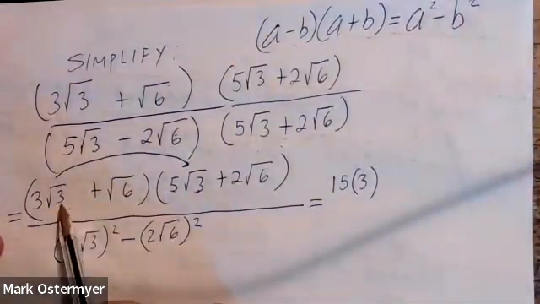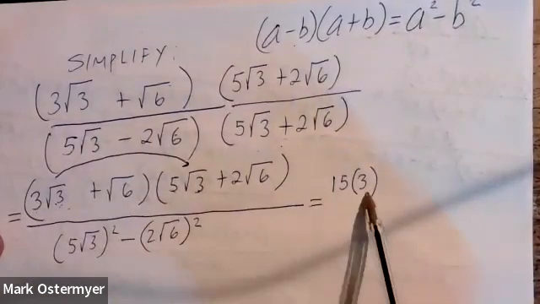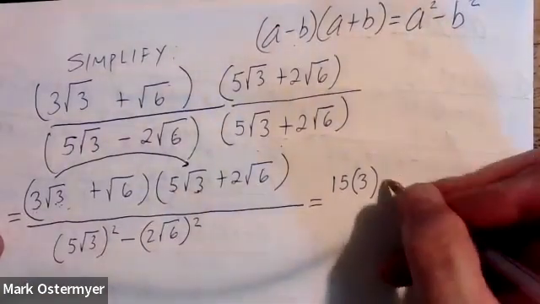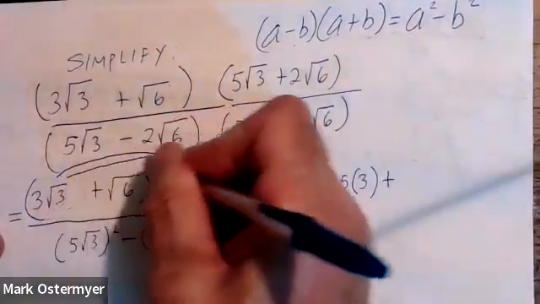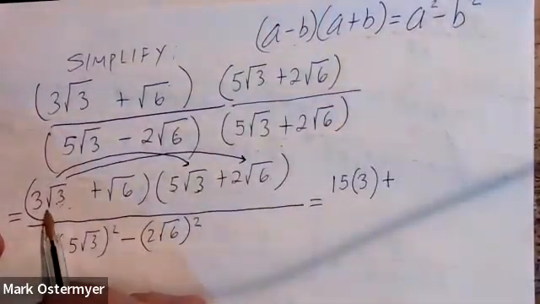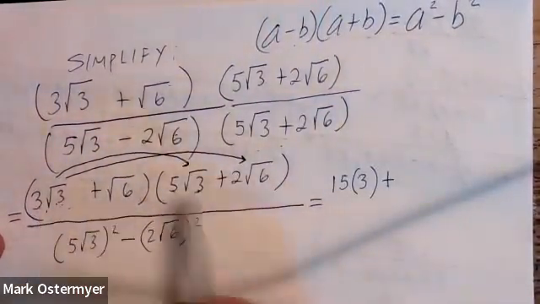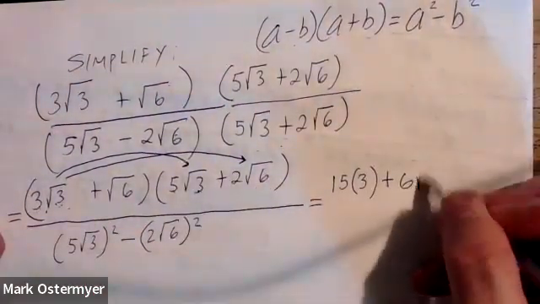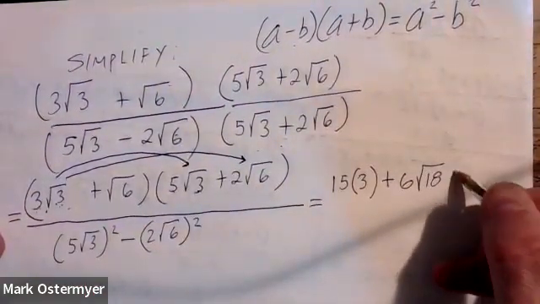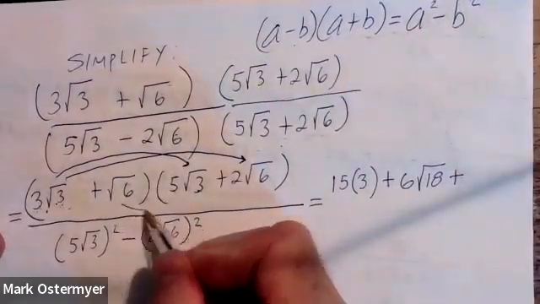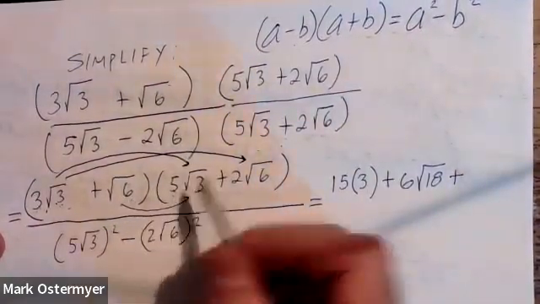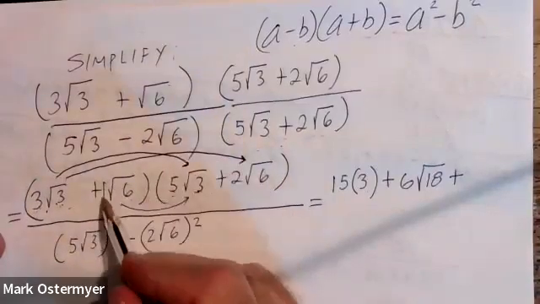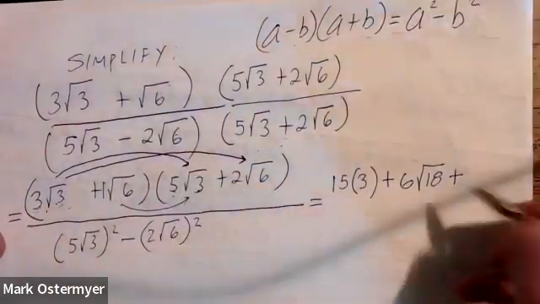So 3 square root of 3 times 5 square root of 3 is going to be 15 times 3. Plus, multiplying the outer terms together, 3 square root of 3 times 2 square root of 6, 3 times 2 is 6. And the square root of 3 times the square root of 6 is the square root of 18. Plus, now we can multiply the inner terms together. Square root of 6 times 5 square root of 3 is going to give us 5 square root of 18.